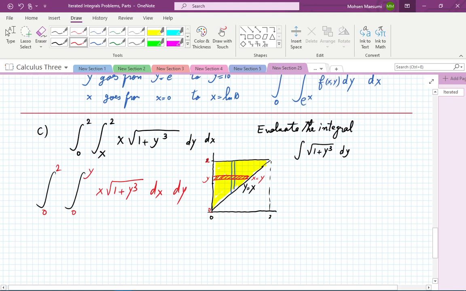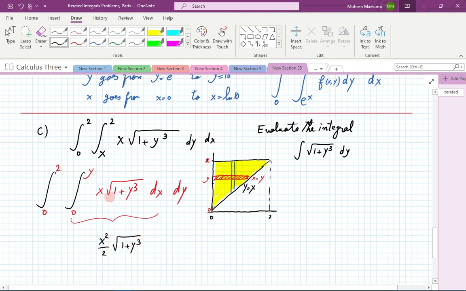Okay, so far we have just switched x and y. I mean, exchanged the order of x and y. Now we look at this interior integral. I'm integrating with respect to x. Y is a constant. So what does that give me? That's going to give me x squared over 2 radical 1 plus y cubed.